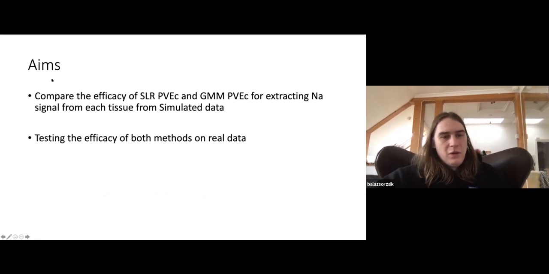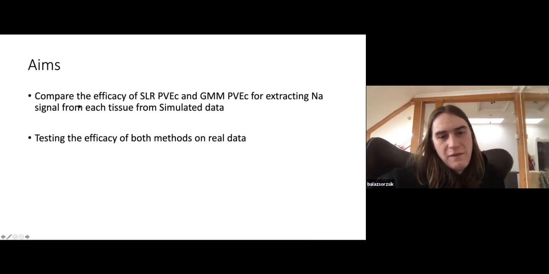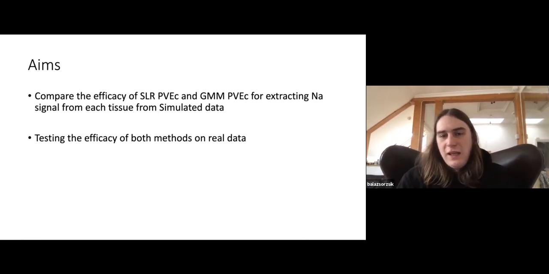So what we aim to do here is to compare the efficacy of the SLR and the GMM method for extracting pure tissue signals from simulated data, and then we wanted to test how these perform on real data.